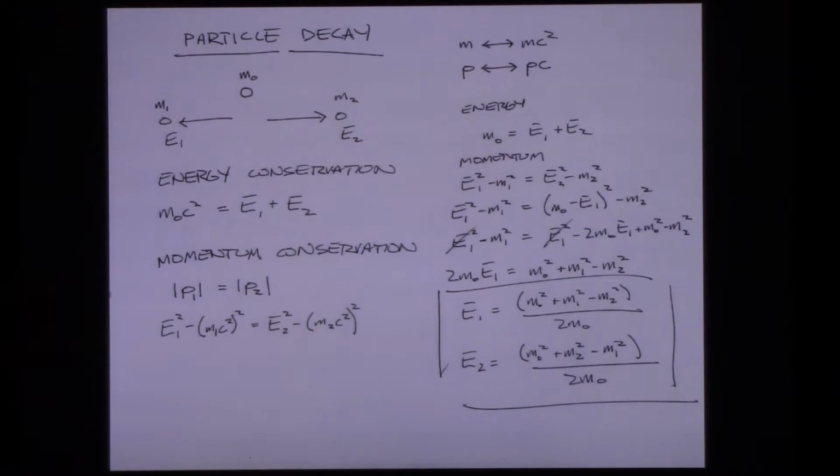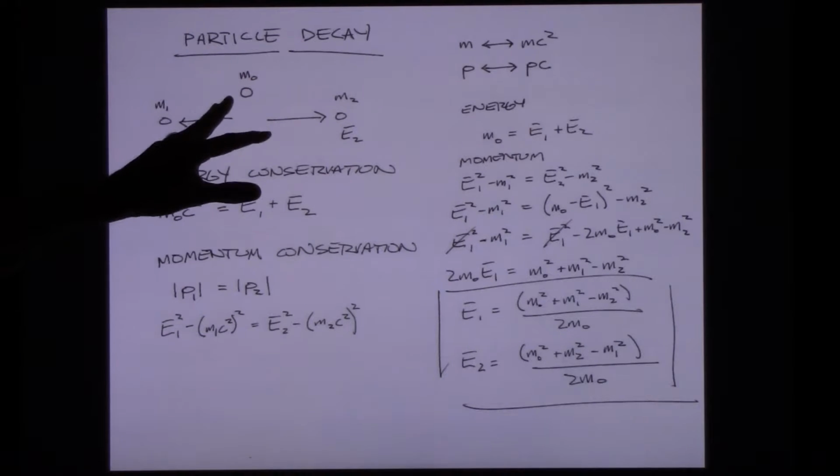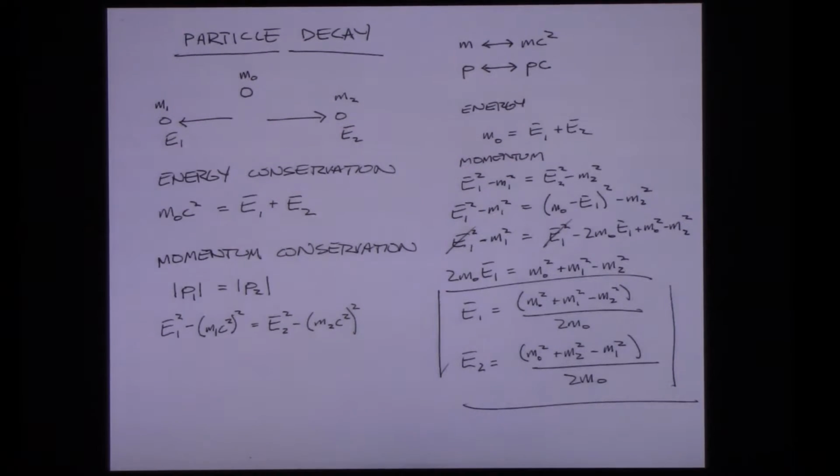Now, for momentum conservation, if this object started at rest and it divides into two particles, each particle would have to acquire exactly the same amount of momentum, because we started with zero momentum and we need to end up with a total of zero momentum. So I need two particles with the same amount of momentum headed in exactly opposite directions.